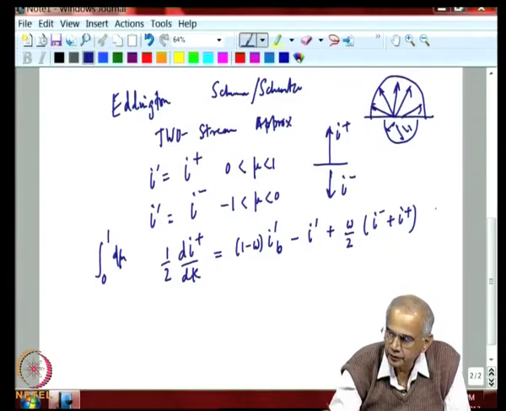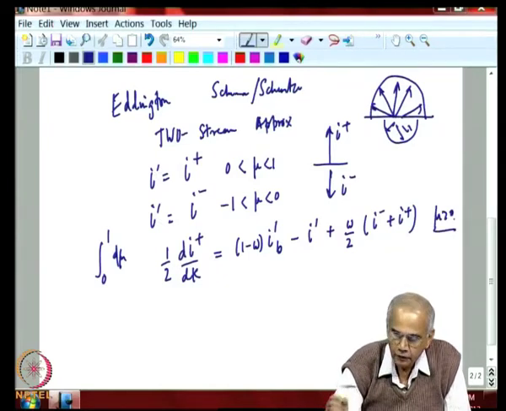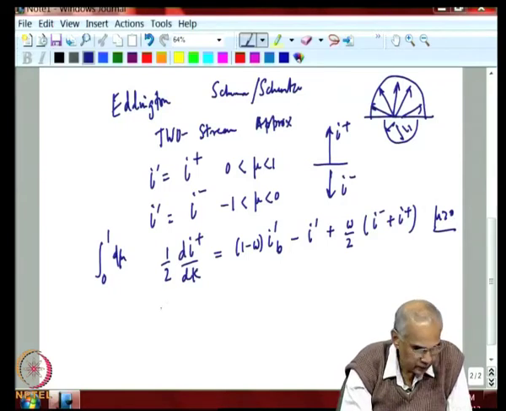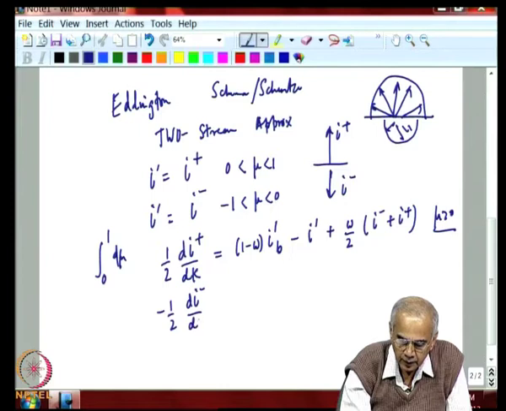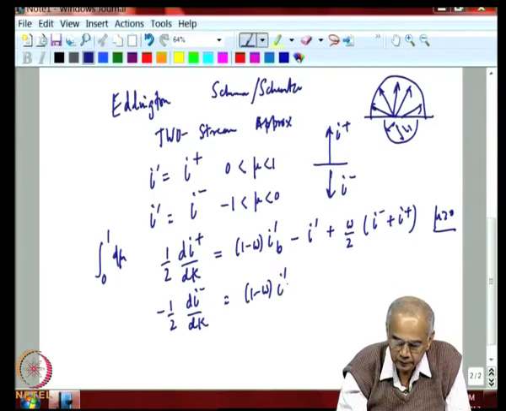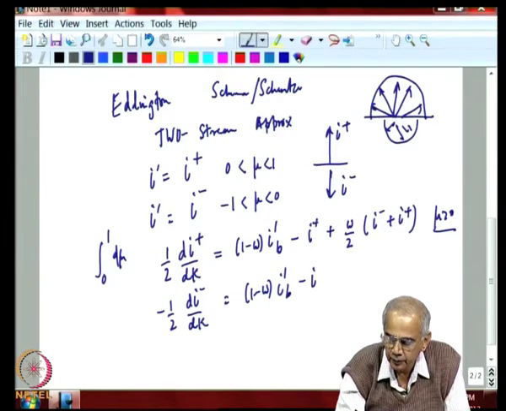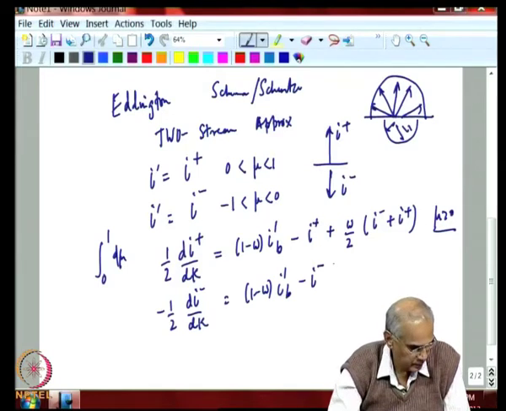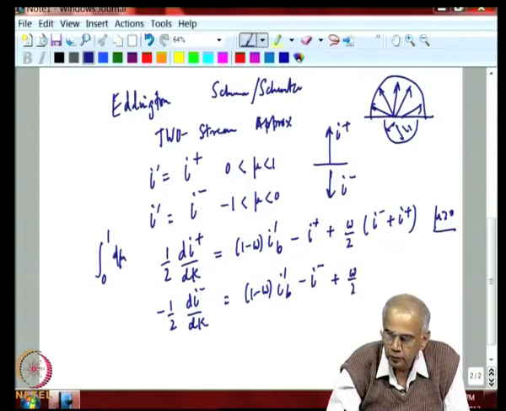So, mu greater than 0. For mu less than 0, you have another equation which is minus half dI minus by d kappa is equal to, this does not change, this does not change, I am sorry, this is I minus, plus omega by 2 times I minus plus I plus.